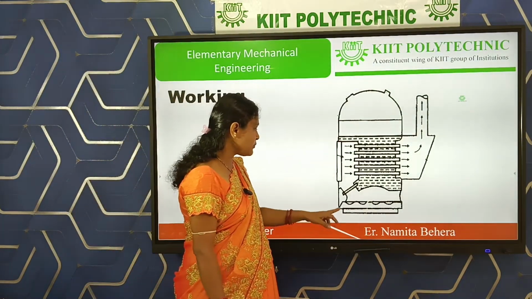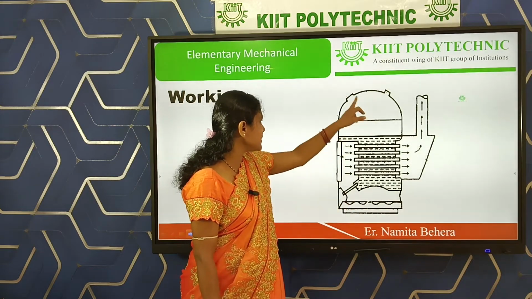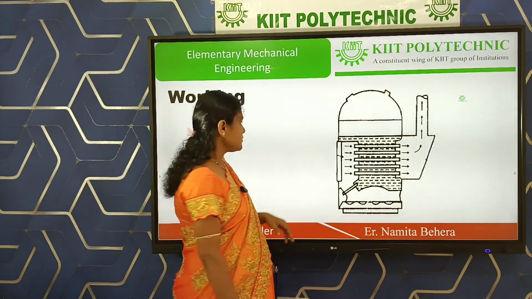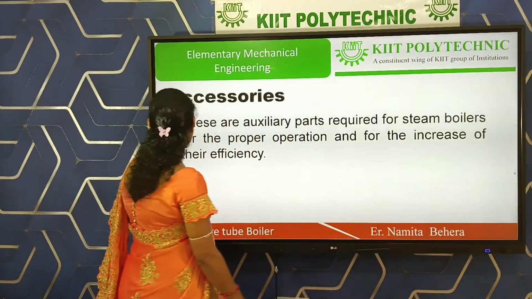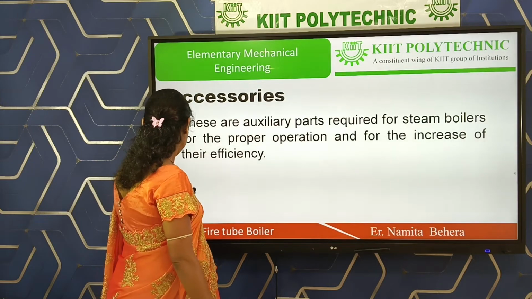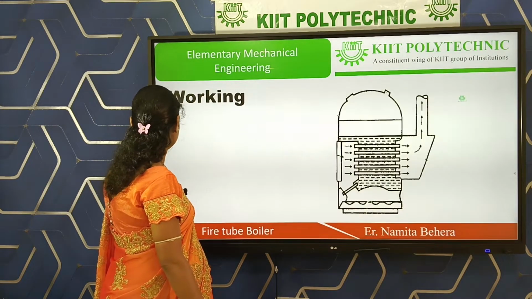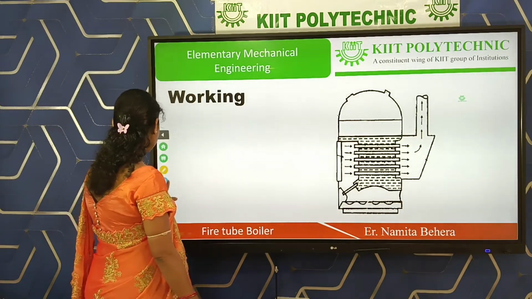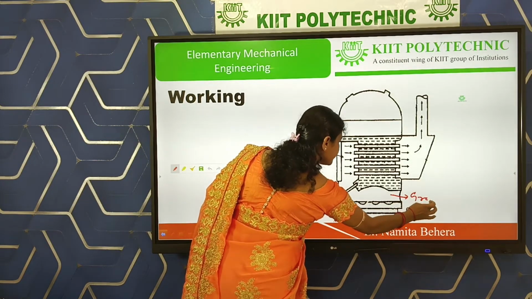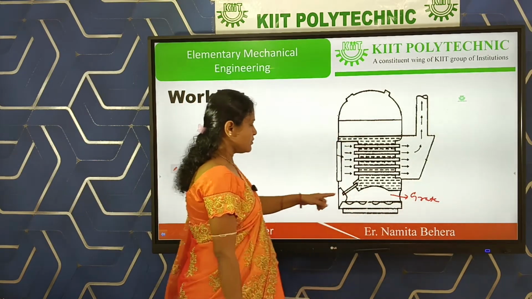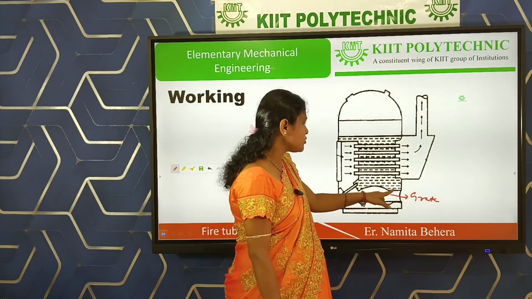The main parts of the Cochran boiler: first is the cylindrical shell. Then the bottom of the shell is called a grate.